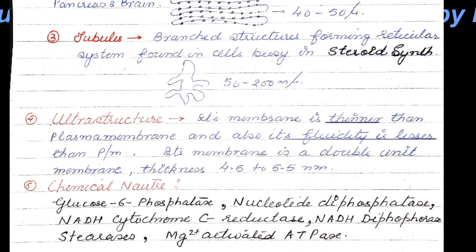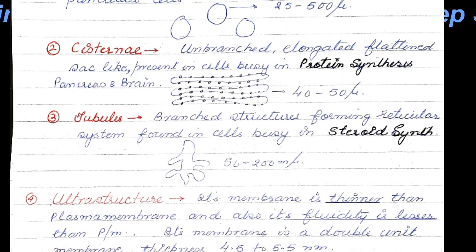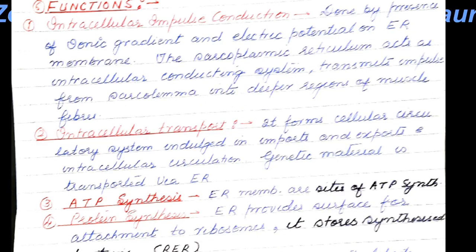For instance, glucose 6-phosphatase, nucleotide diphosphatase, NADH cytochrome C reductase, NADH diphosphorase, esterase, and magnesium activated ATPase are generally found in the membrane of endoplasmic reticulum.